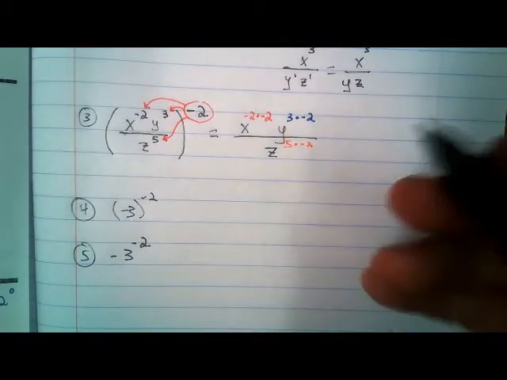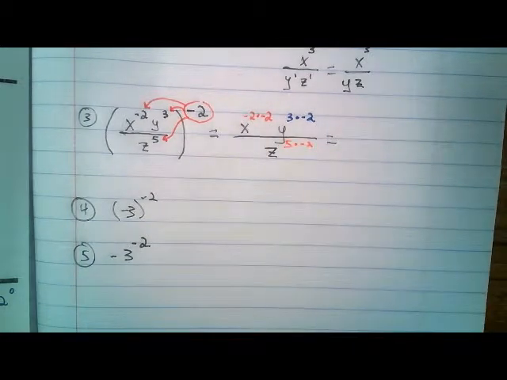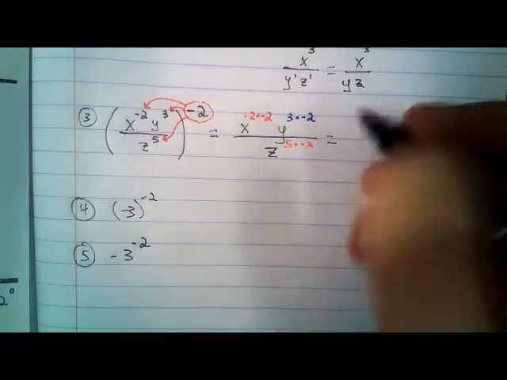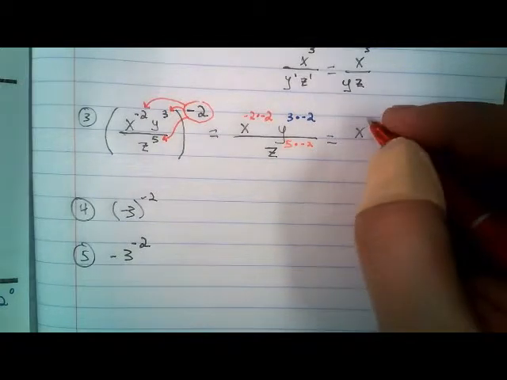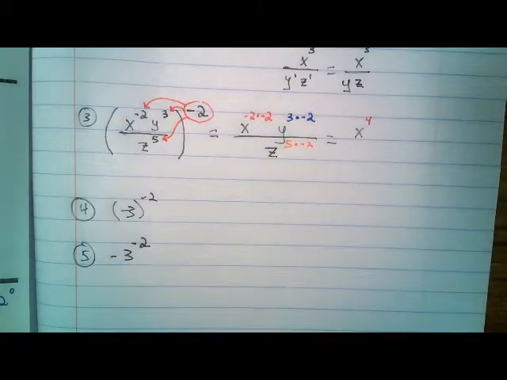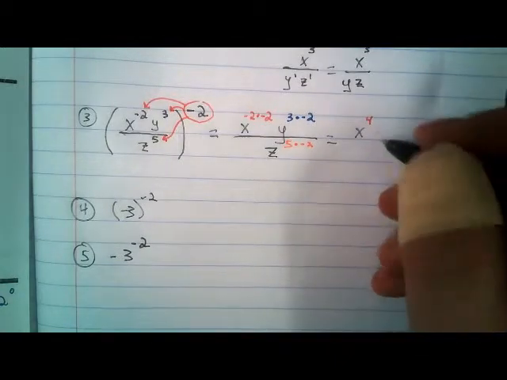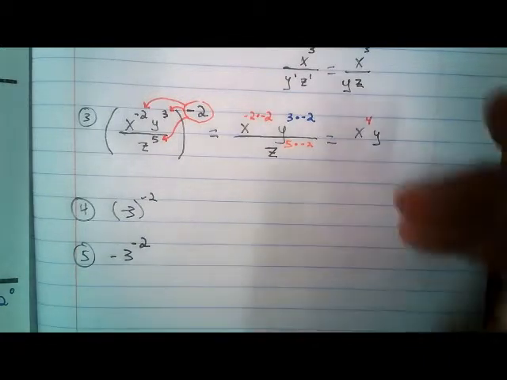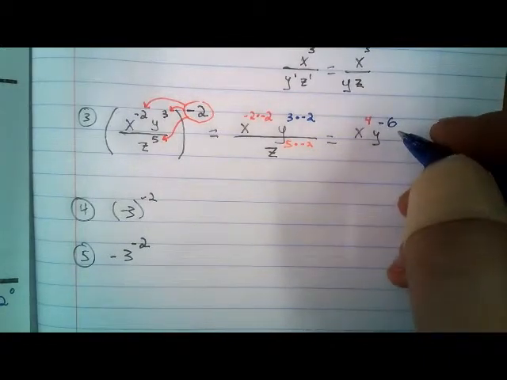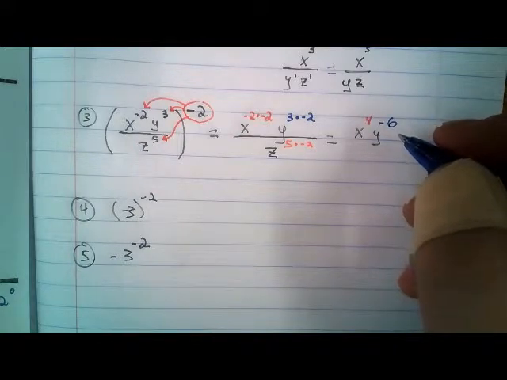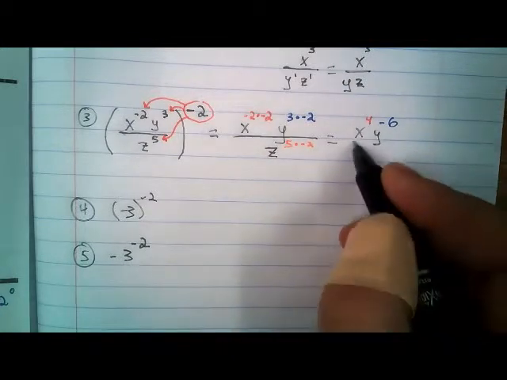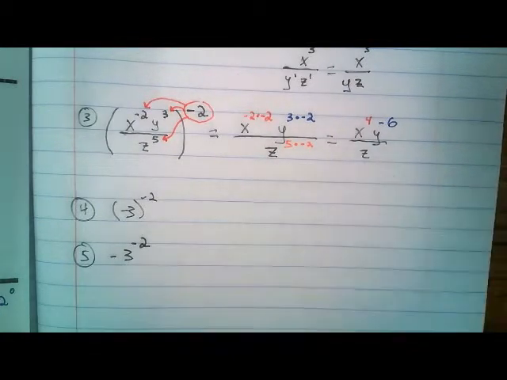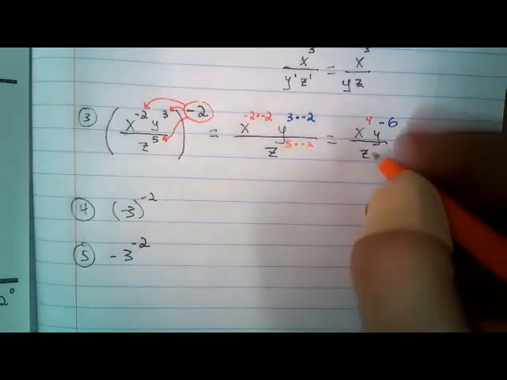And I put that all together. X to the, well, negative 2 times negative 2 is positive 4. So this becomes x to the 4th. Y to the 3 times negative 2 is negative 6. So that's y to the negative 6. And then we have z. So this is z to the 5 times negative 2, which is negative 10.